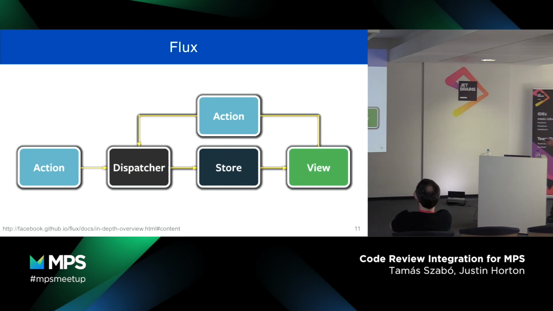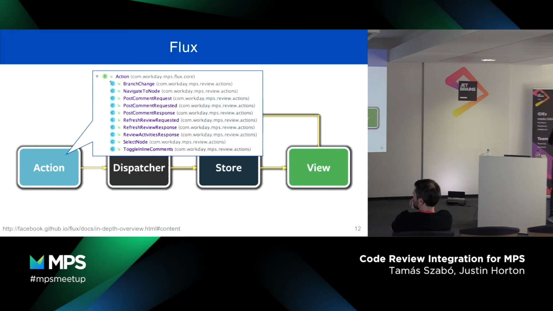Now the stores update their internal contents, and then the views get notified, and they can just query the store about the required data. Typically actions are triggered by some user interaction, but it can also be that actions occur in the system because of some asynchronous web call or some WebSocket that is running in the background. So these are the actions here on the left-hand side.